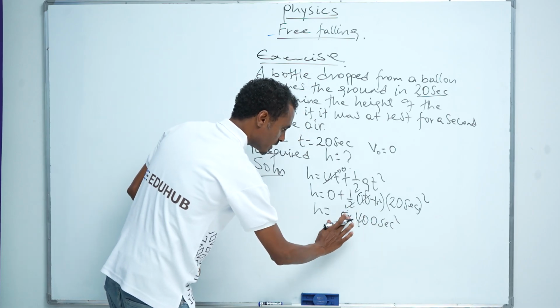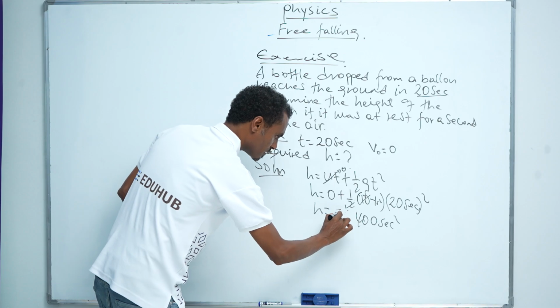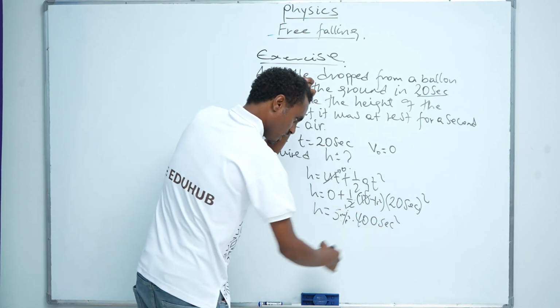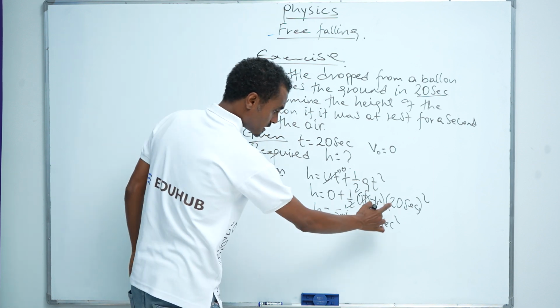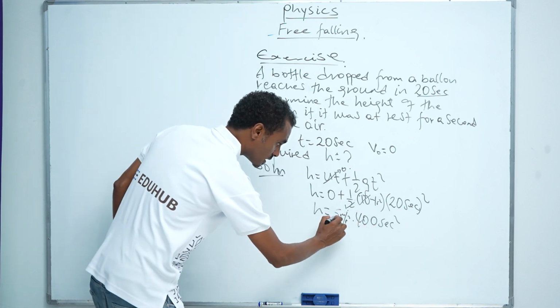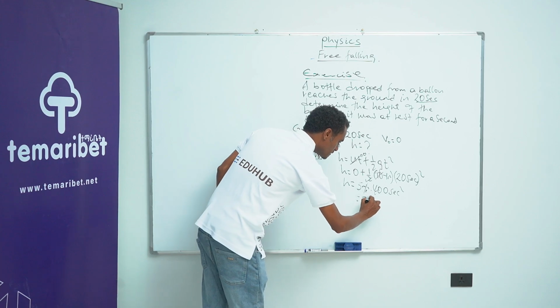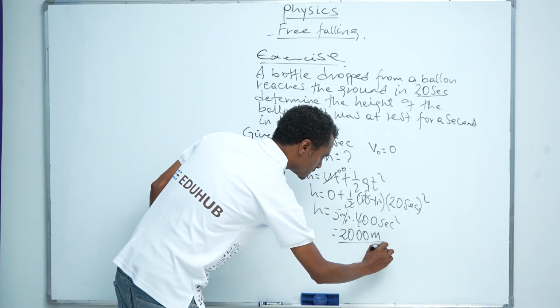Second by second will cancel, and 5 times 400 is 2000 meter.